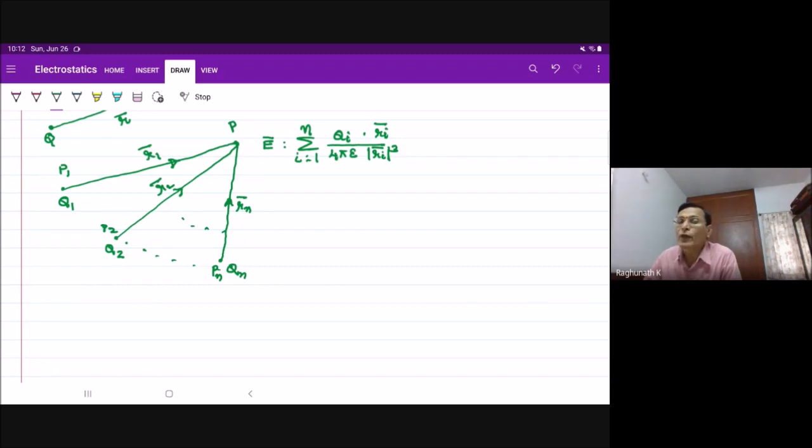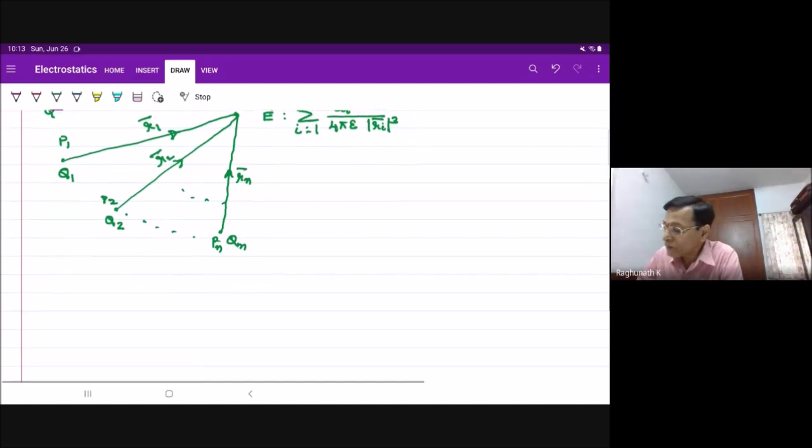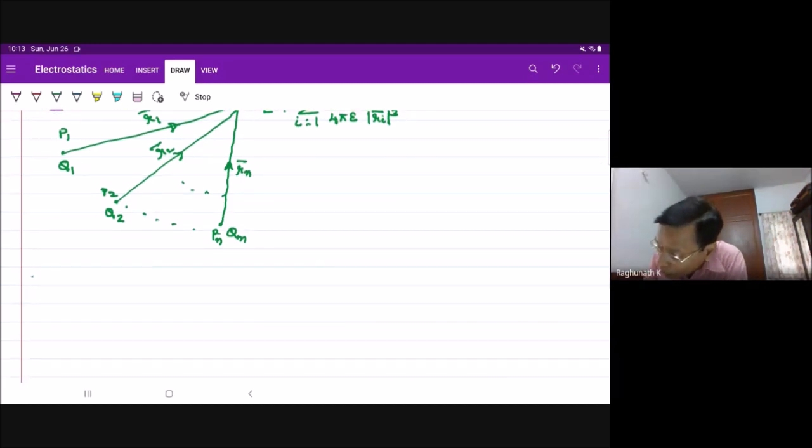Using the electric field intensity at a point because of a point charge kept at some other point, and the mathematical tool, namely integration, we need to determine the expression for the electric field intensity at a point because of a distributed charge.